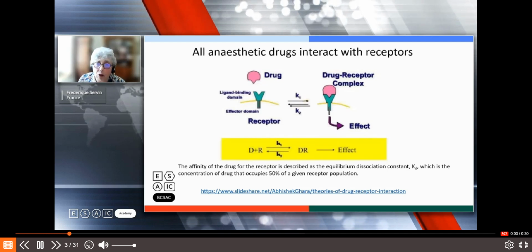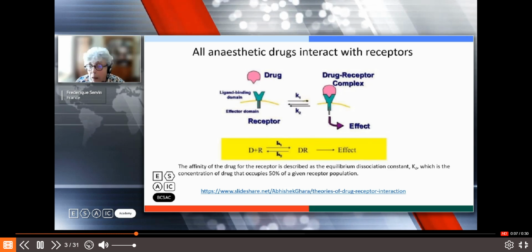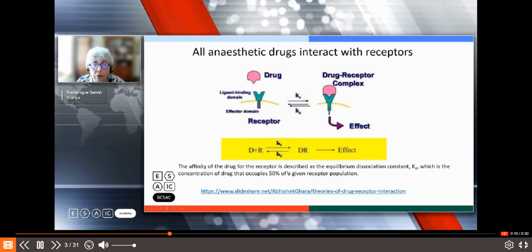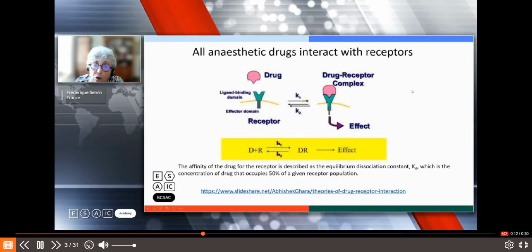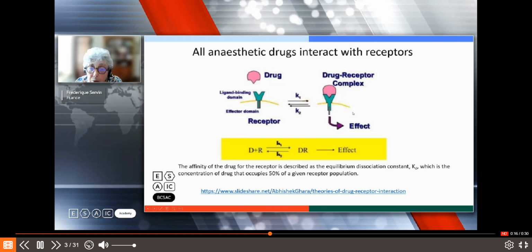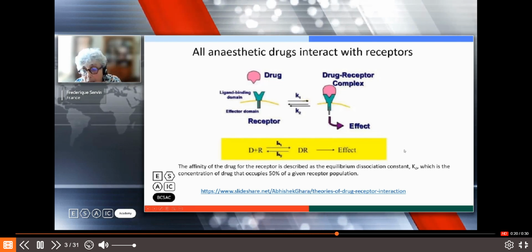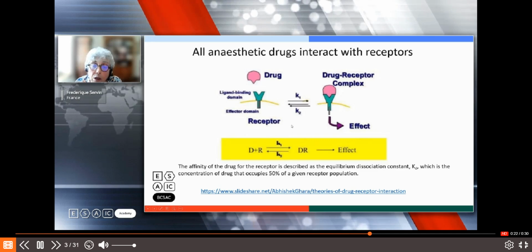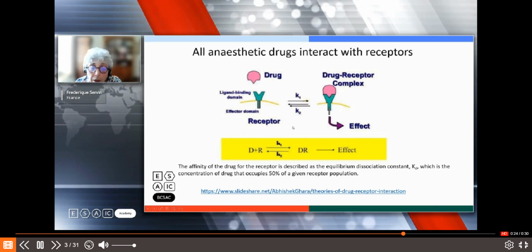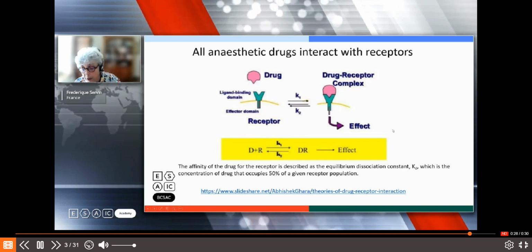All anesthetic drugs interact with receptors. And you know this very well-known drug-receptor complex, with here the equilibrium dissociation constant, KD, which is the concentration of the drug that occupies 50% of a given receptor population.